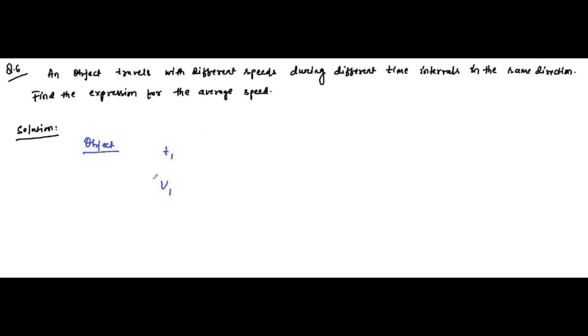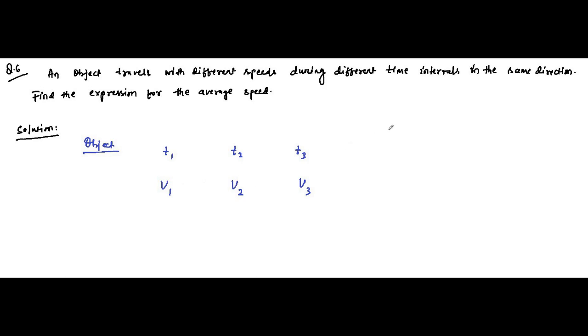And then for the next t2 seconds or minutes, which is different from t1, it is traveling with a speed v2. Then for another t3 units of time, it is traveling with speed v3. Here t1, t2, t3 are all unequal, and also the speeds are different.